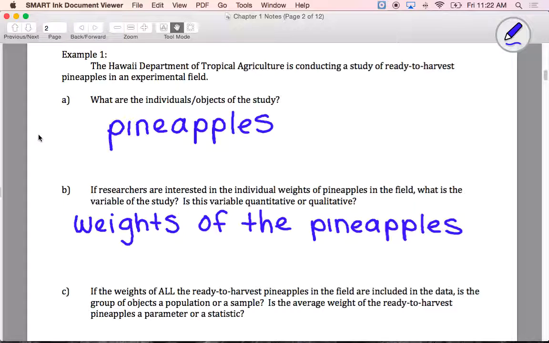Now, if you're thinking about weights, weights takes on a number, and we can actually do something with that number. So we could find the average, or we could find the range. We can actually find things with those numbers. So since it's numbers, it's going to be quantitative.